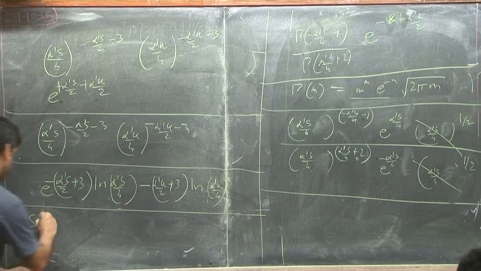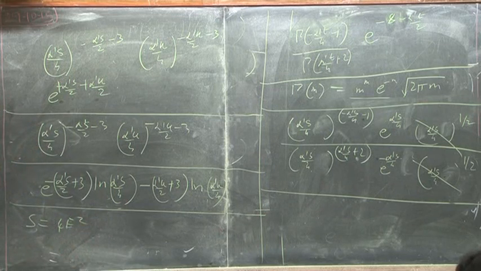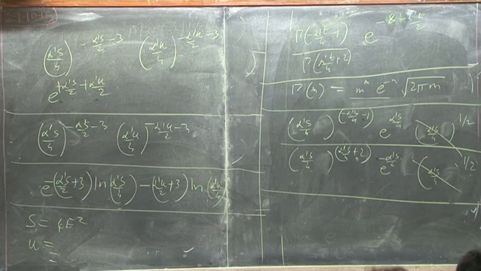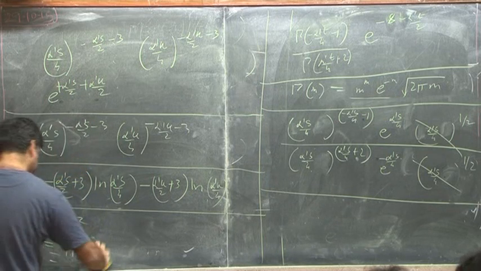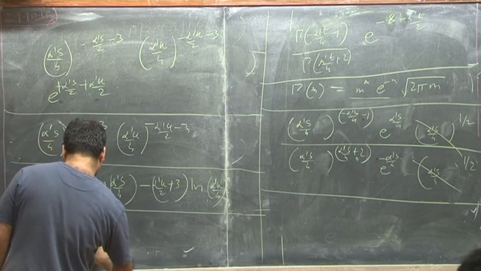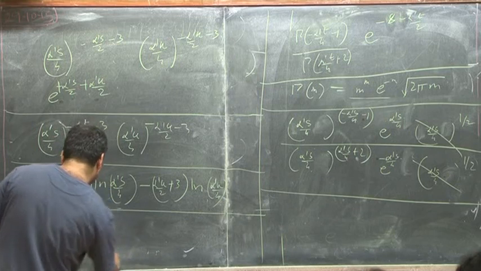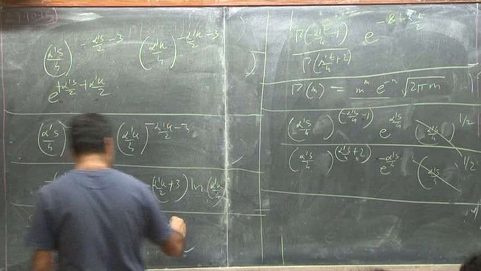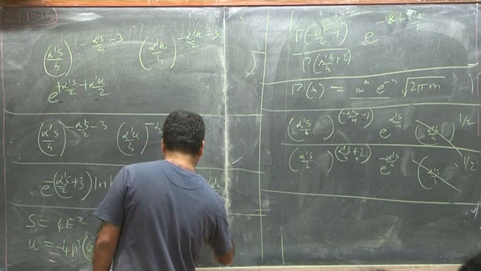So s was equal to 4e squared and u was equal to 4e squared into cos squared theta by 2. We'll remember that t was equal to minus 4e squared sine squared theta by 2.